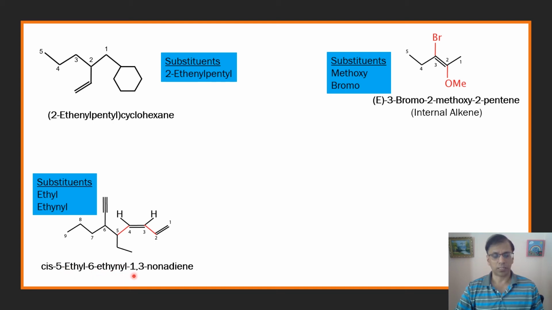This is alphabetical order, and then 1,3-nonadiene. So 1,3 is the location of the 2 double bonds, carbon 1 and carbon 3, and non is because there are 9 carbons in the parent chain, and diene because there are 2 double bonds. Di indicates 2 double bonds, and then ene is for the double bond nomenclature.